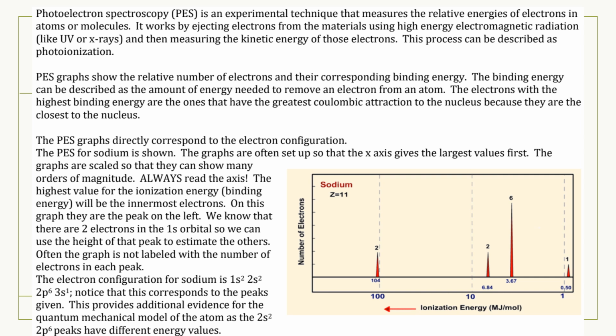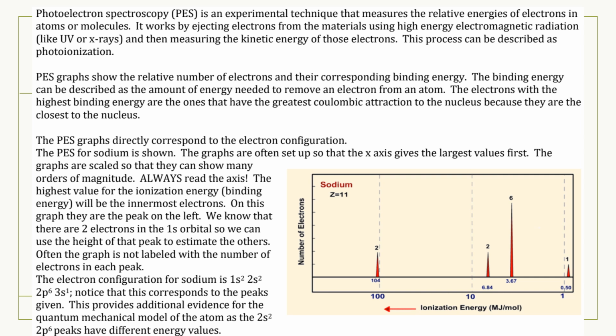So for example, just by looking at this PES, we're going to assume that the 104 megajoules per mole is the 1s2, so the same height is going to be for the next one, that's the 2s2.